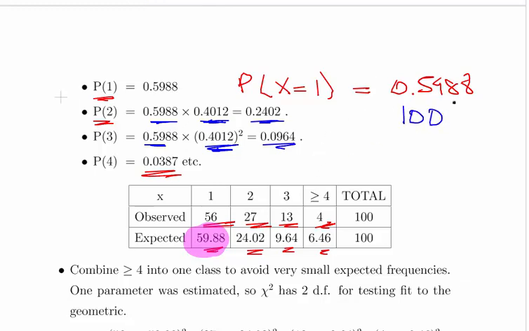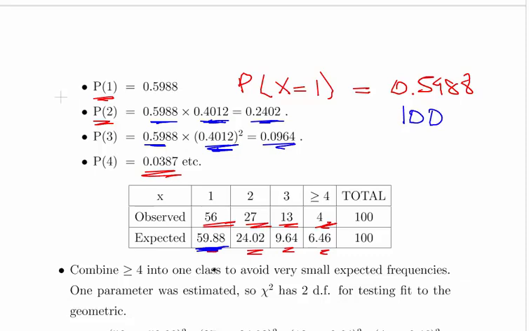So there's 100 rats, and the probability of a success is 0.5988. That means we would expect the probability times the sample size, the number of rats that escape on the first attempt, and so on. Okay, so under the null hypothesis, which is the geometric distribution, we would expect 59.88 rats to escape out of 100.